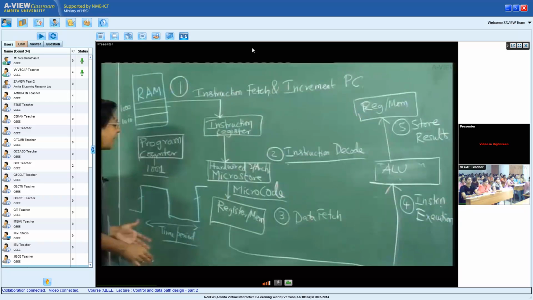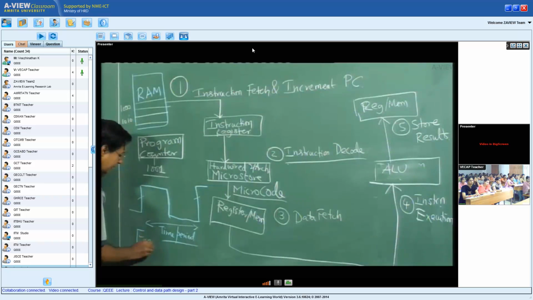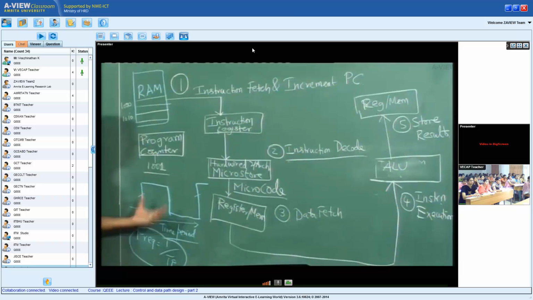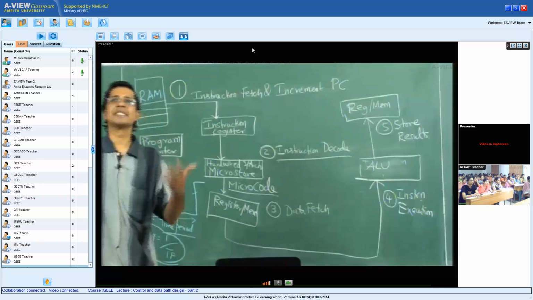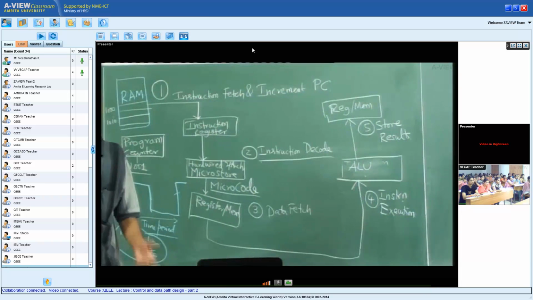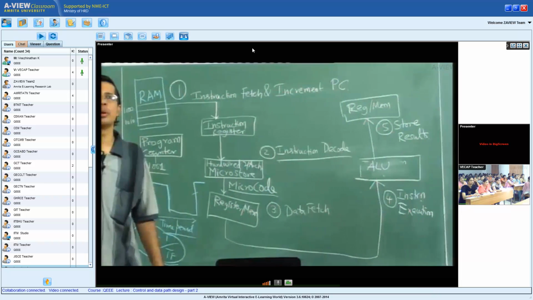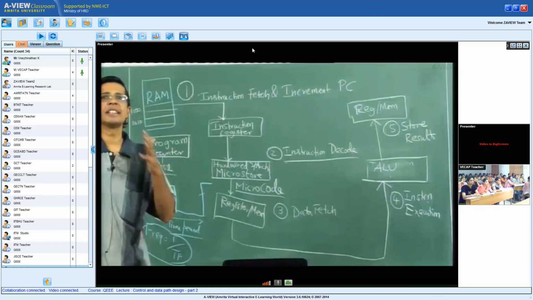Please understand, frequency is 1 by time period. So if I decrease the time period, I am going to get fast systems. So one of the important things that we need to do is to decrease this time period.